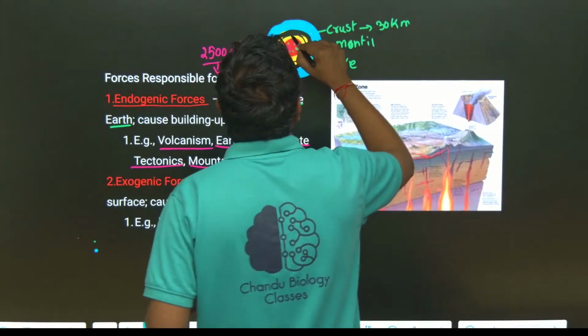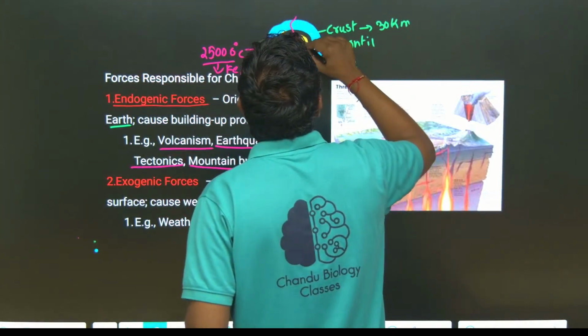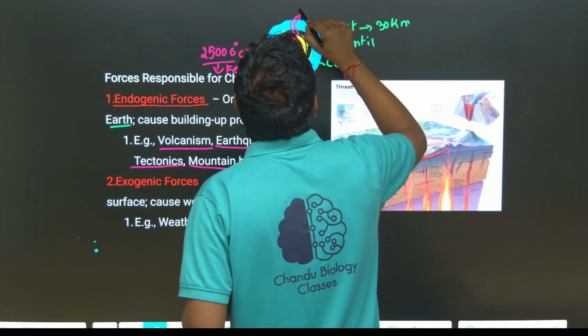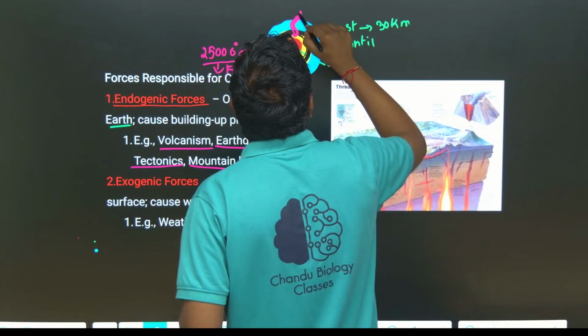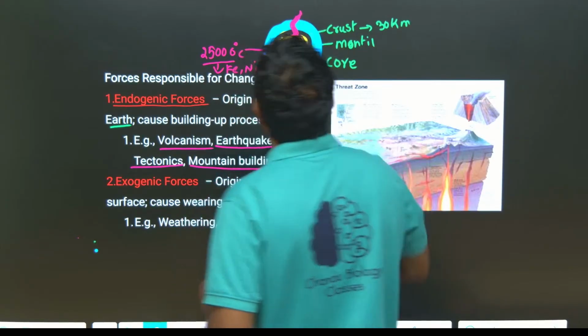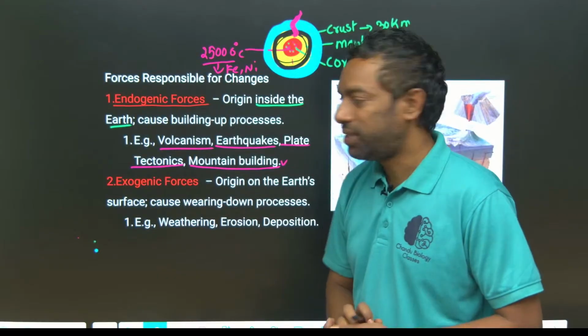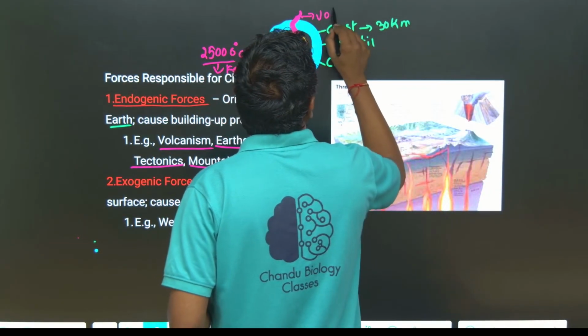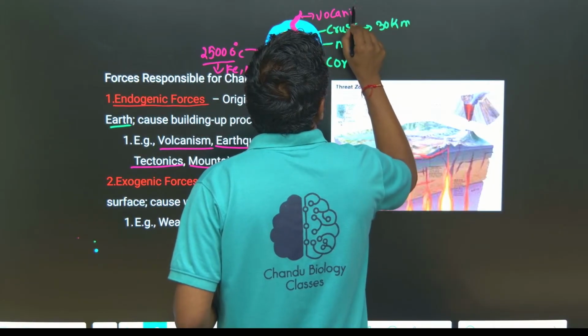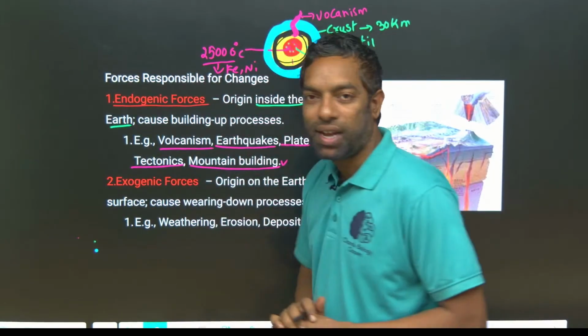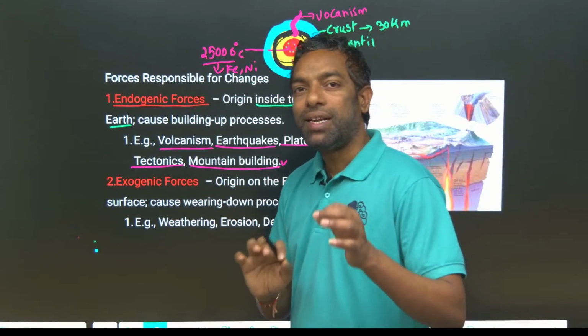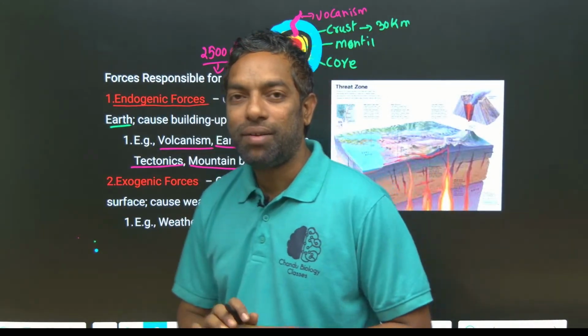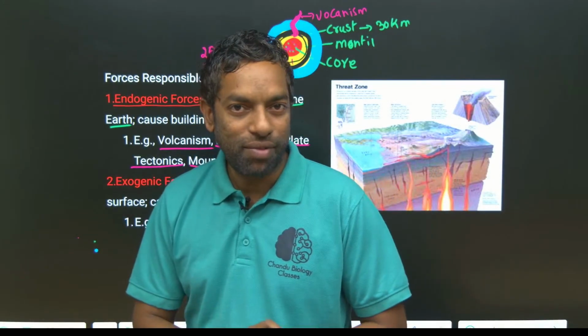The lava exits from the upper mantle to the crust. That is volcanism. That can change the geographical features of the earth.